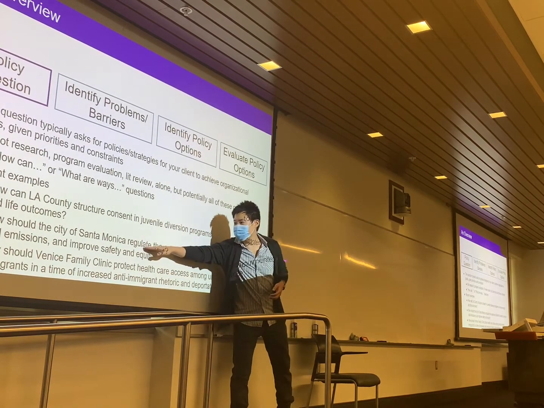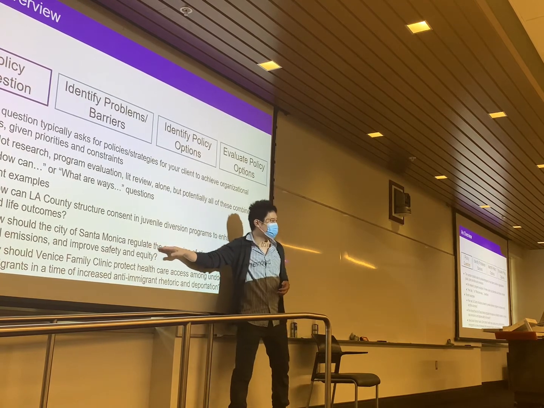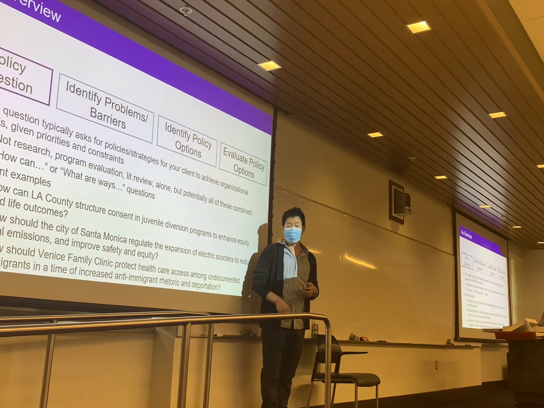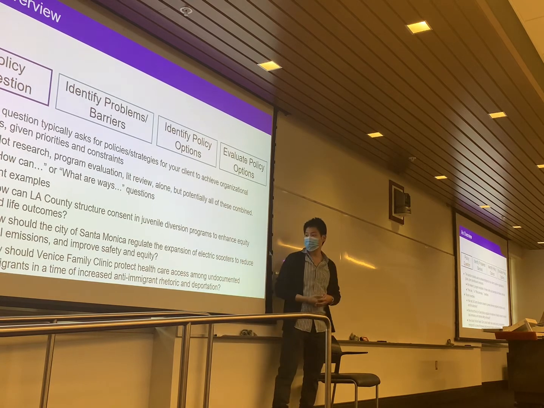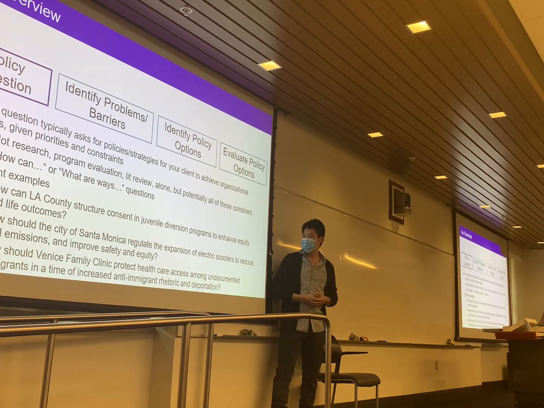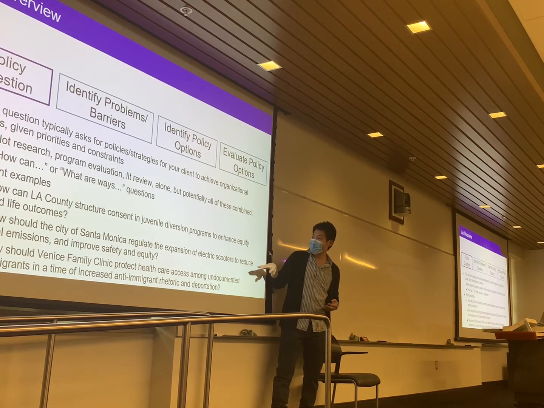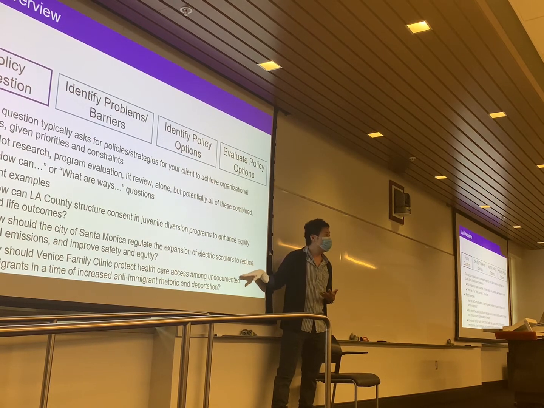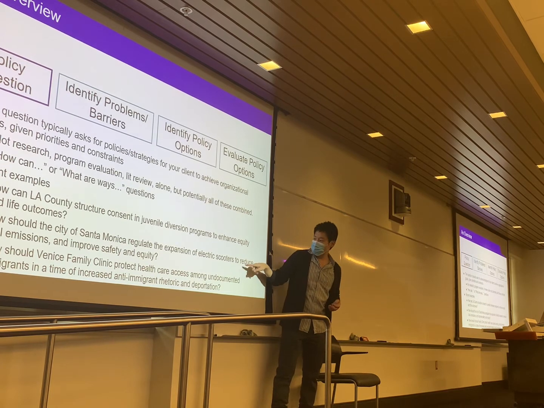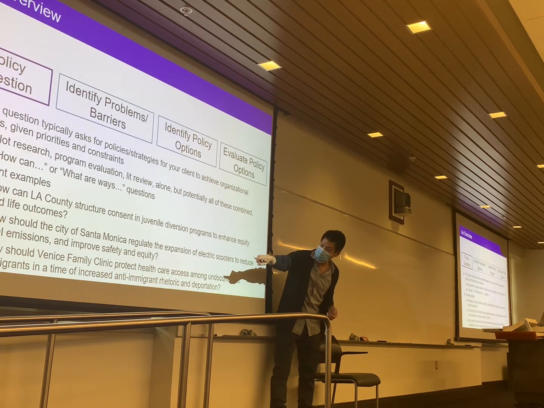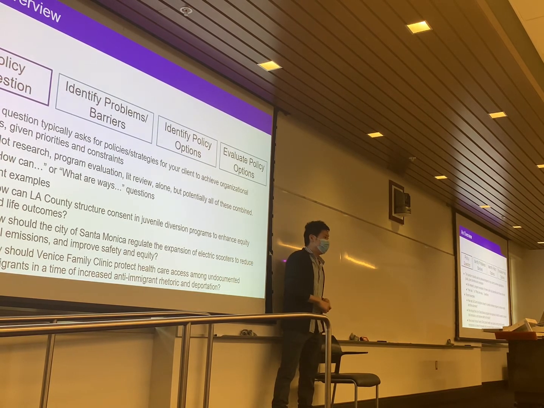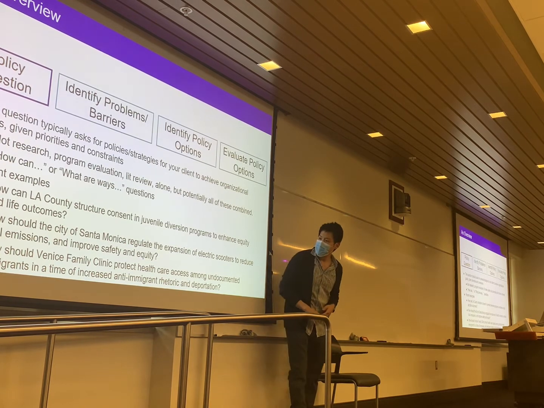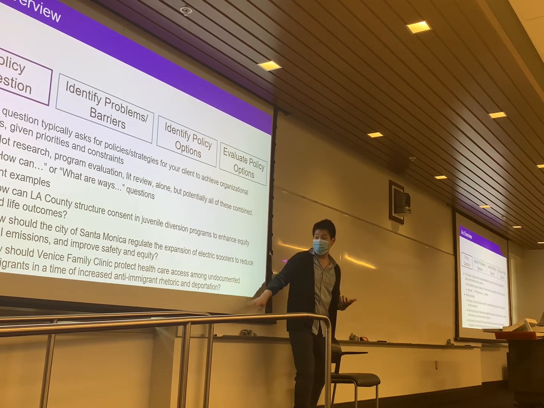And this gives rise to the scope of things they're considering: regulating the expansion of e-scooter usage. In this one, they explicitly emphasize some of the priorities of the client, which is to reduce total emissions and improve safety and equity. This was a really interesting one.